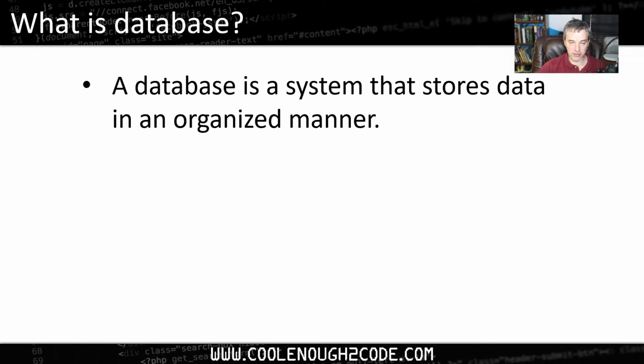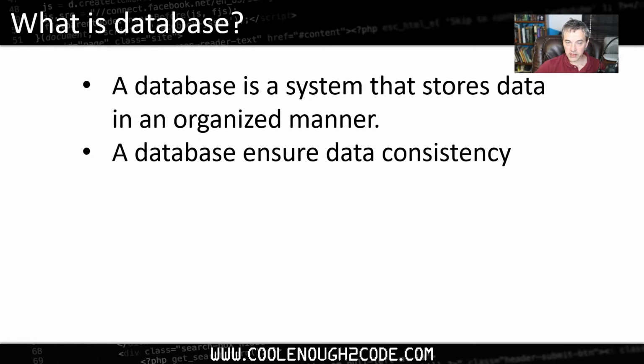Now, a database does several things. It organizes data, and that's one thing that we're going to look at in a slide in just a moment and how that works. But one thing that it also does is it provides data consistency. Now, data consistency is a big deal in databases.